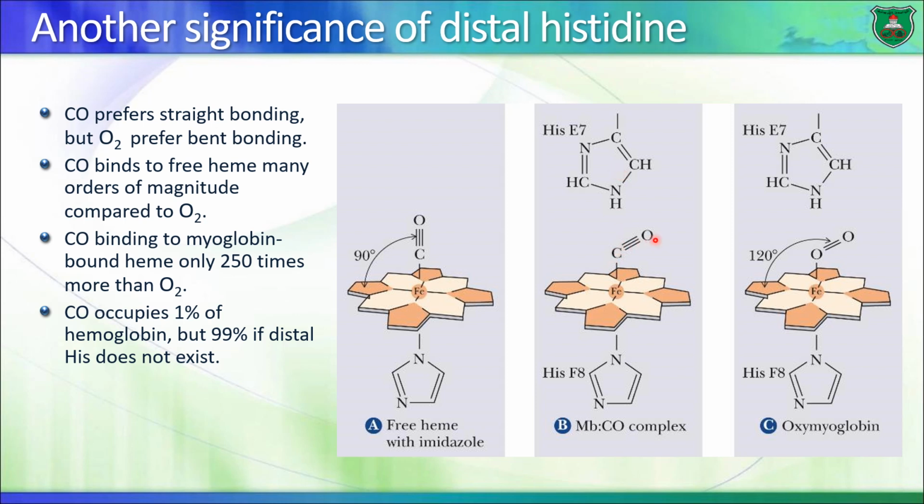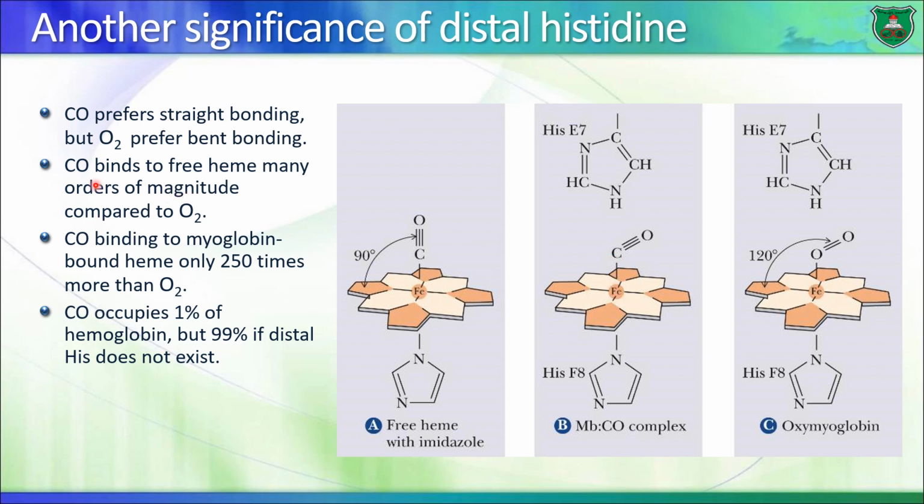So carbon monoxide binds at an angle which is not preferred at all by carbon monoxide. So that weakens the affinity of carbon monoxide to the heme molecule.